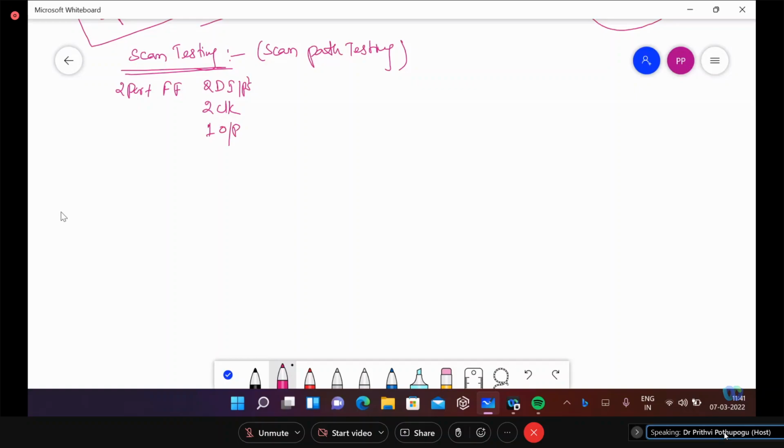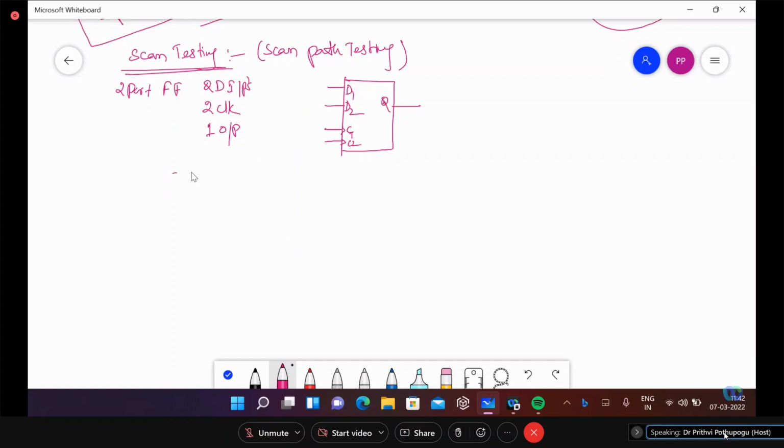So we take these as D1, D2, clock 1, clock 2. D1 and D2 will be operated according to the C1, C2 inputs, and this is the Q output. Such 2-port flip-flops will be used.